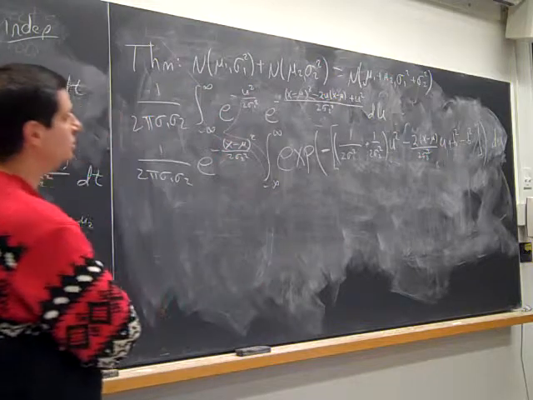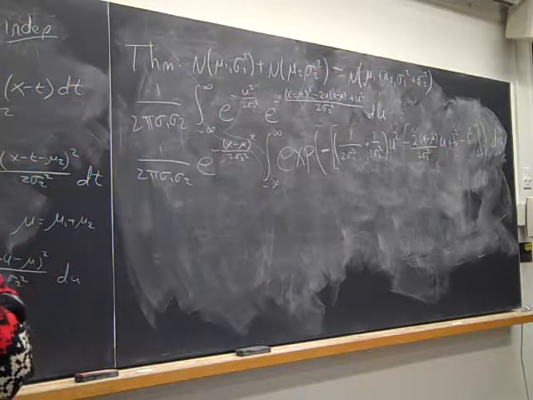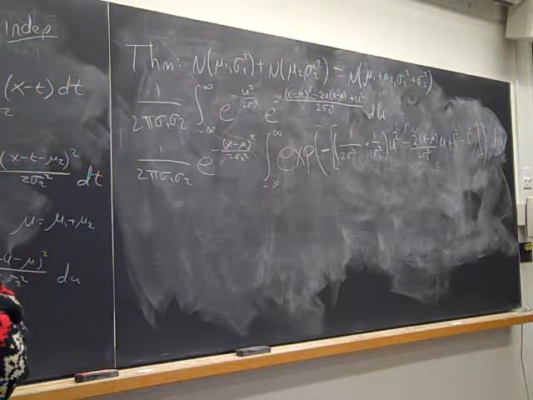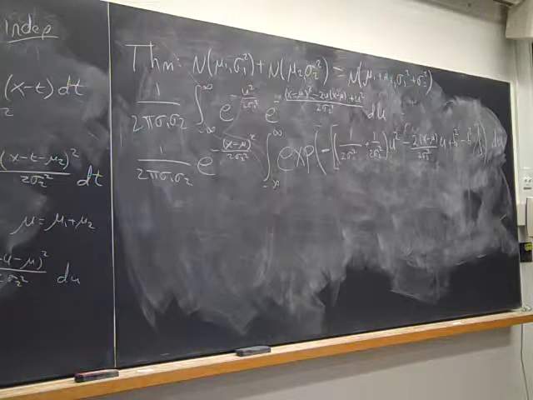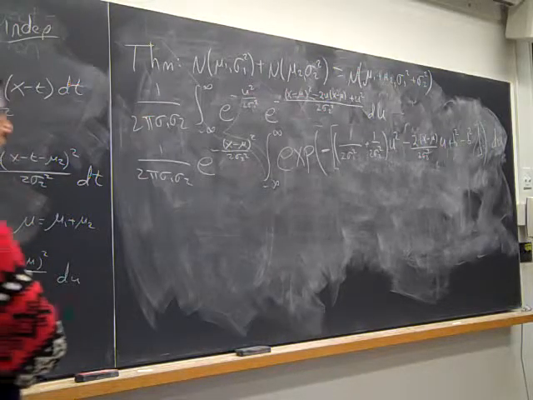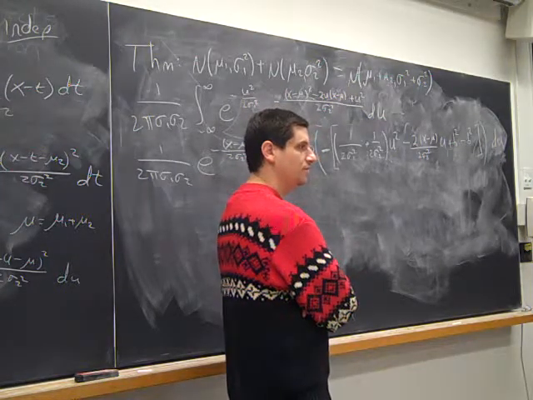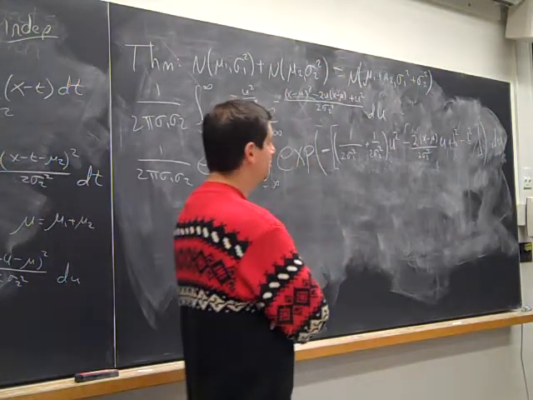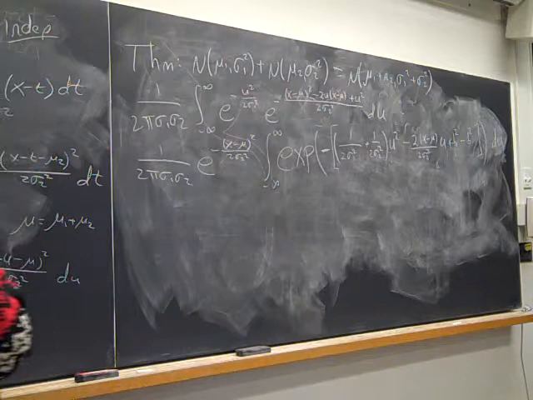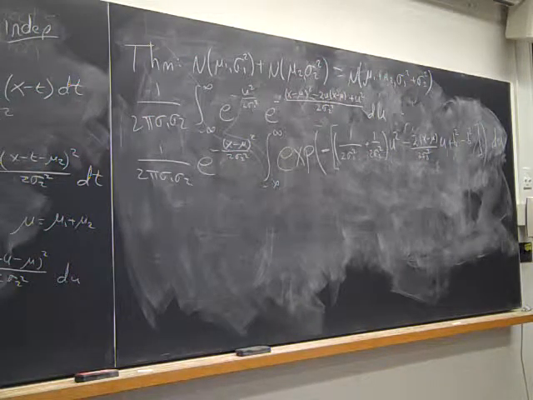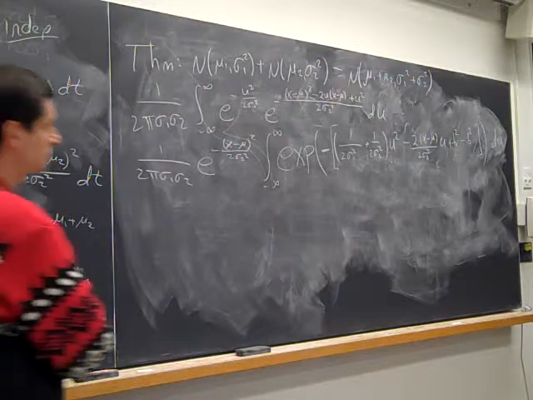Can you tell me what b is going to depend on? It's going to depend on x minus mu. What else is it going to depend on? The variances, sigma 1 and sigma 2. So when you have something like this, it's not necessarily a bad idea to have subscripts on b for notational purposes so you know what it is.